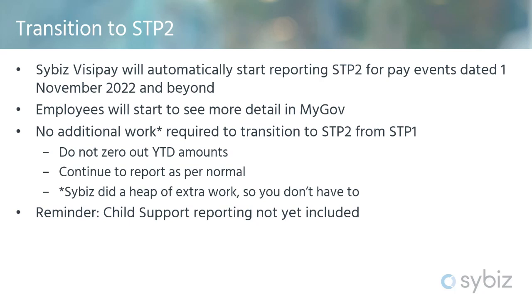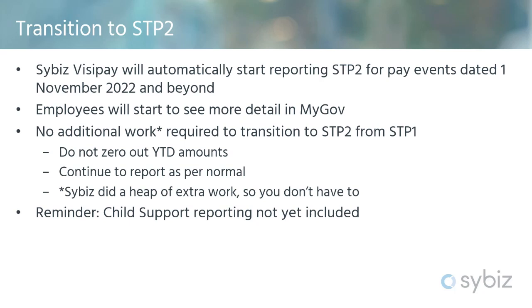You may have someone that takes some leave with leave loading, they jump onto MyGov and see some overtime reported, and they know full well they haven't done any overtime recently. So they might come running to you and say, hey, what's this? I haven't done any overtime, you've overpaid me, whereas in actual fact, it's their leave loading. So a few little quirks with the STP2 reporting might cause you a little bit more admin in terms of inquiries from your employees.